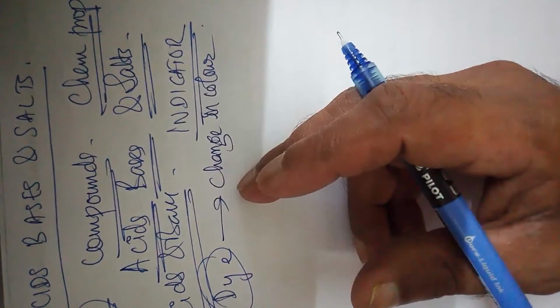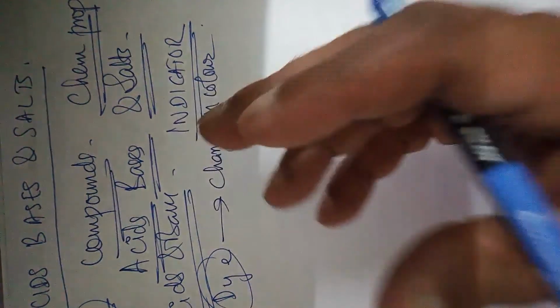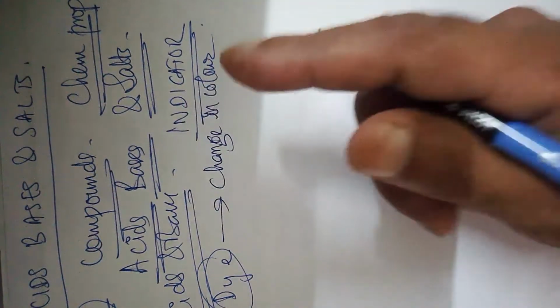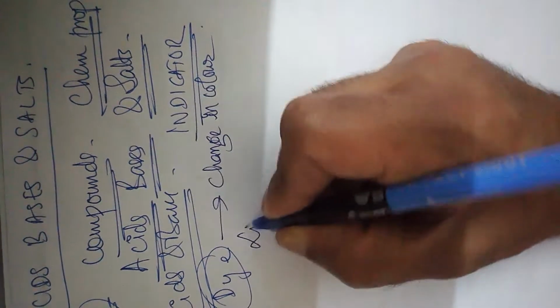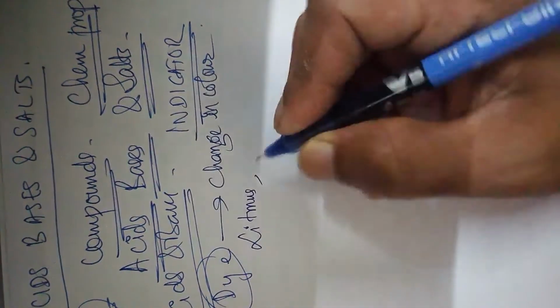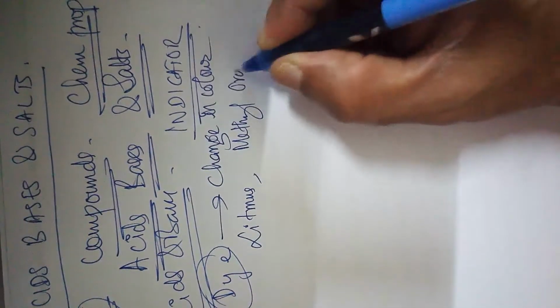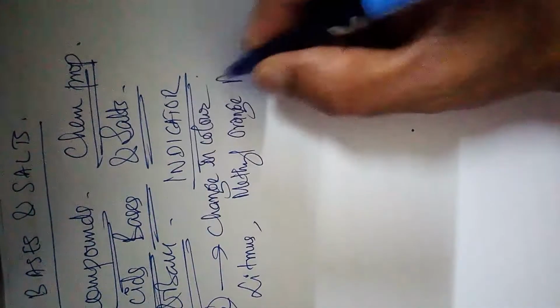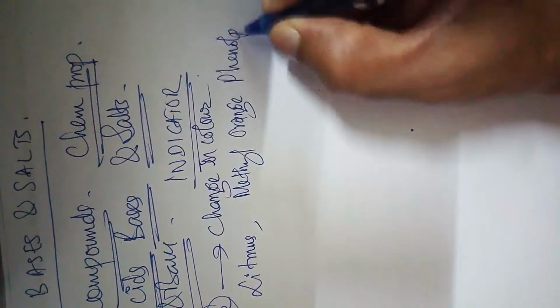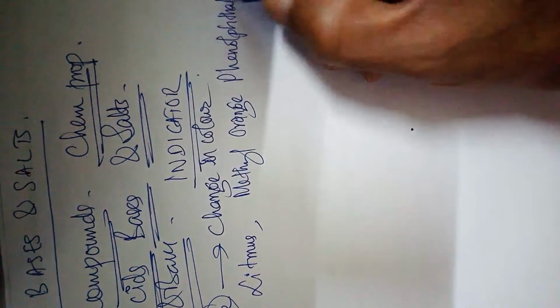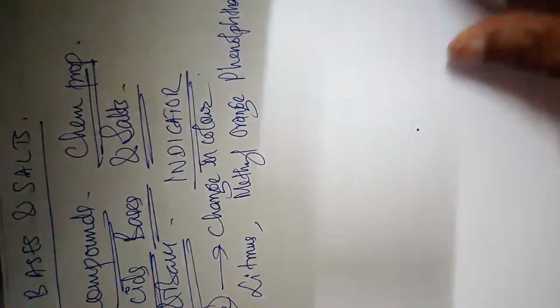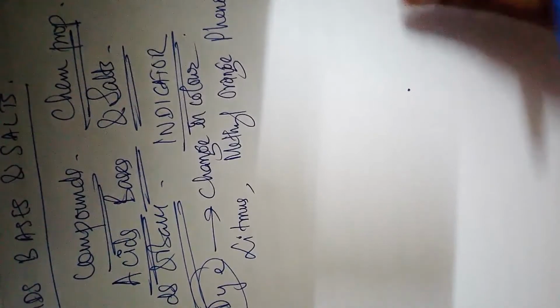The three most common indicators to test acids and bases are litmus, methyl orange, and phenolphthalein.